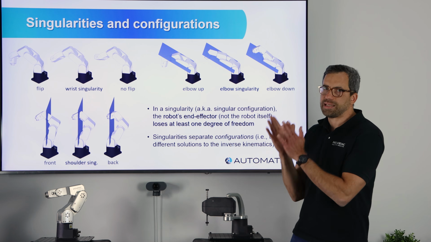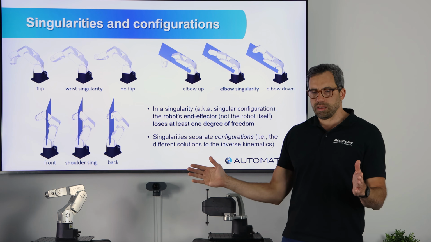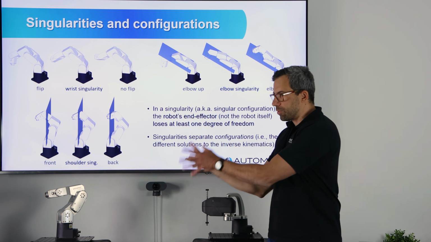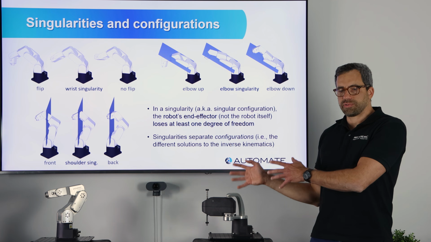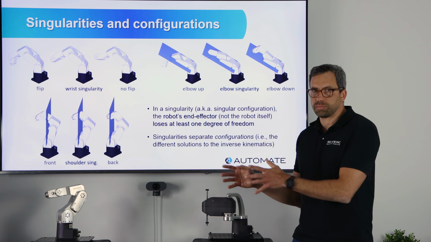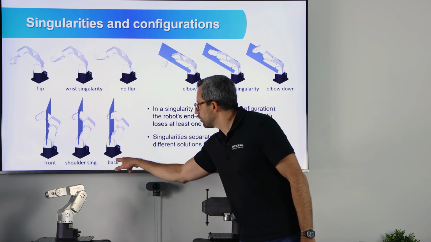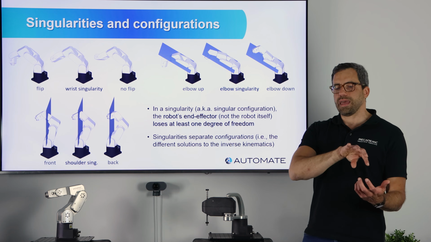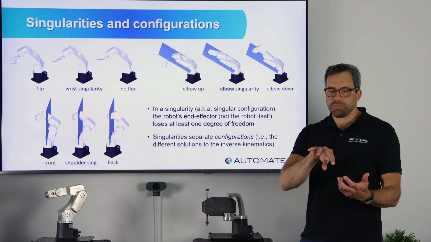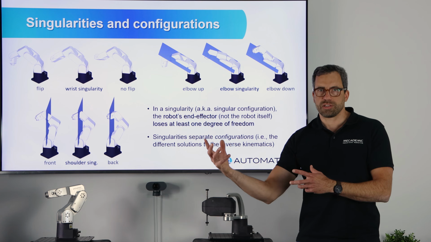And singularities, again, for the normal architectures, singularities separate the different inverse kinematic solutions. And this is good because it means that if you fix a configuration, you will never be able to suddenly go to another configuration.